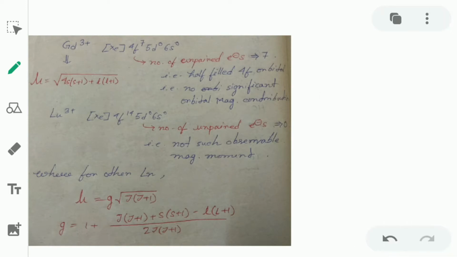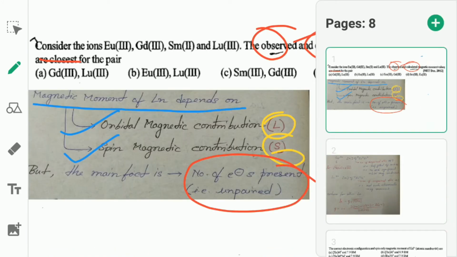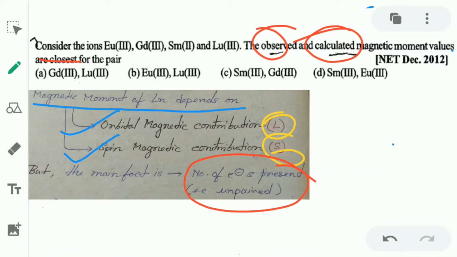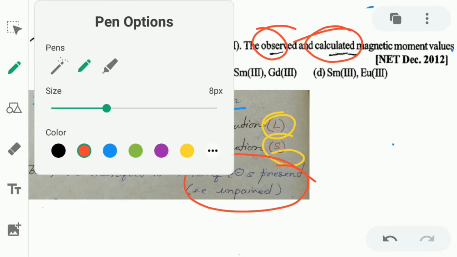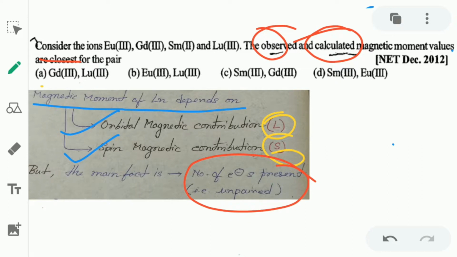From the given options, we can see there are 4 pairs. One is gadolinium-3 and lutetium-3, another is terbium-3 and lutetium-3, samarium-3 and gadolinium-3, and samarium-3 and terbium-3.